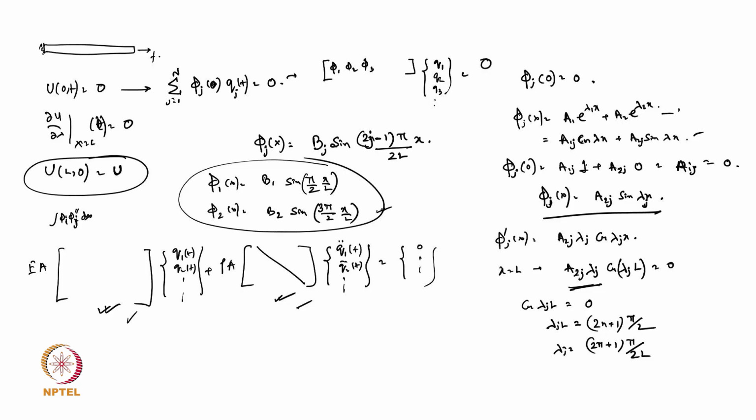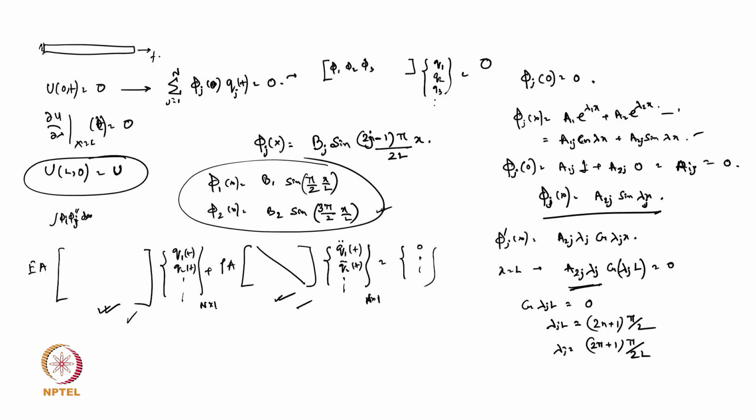What are we looking for in this solution? Q, or more specifically, Q1, Q2, Q3, Q4 we are looking for. This is a set that has n number of modes if we are considering n modes, so it will become n cross 1.